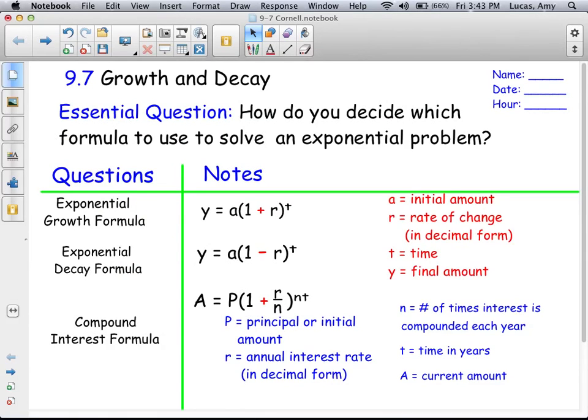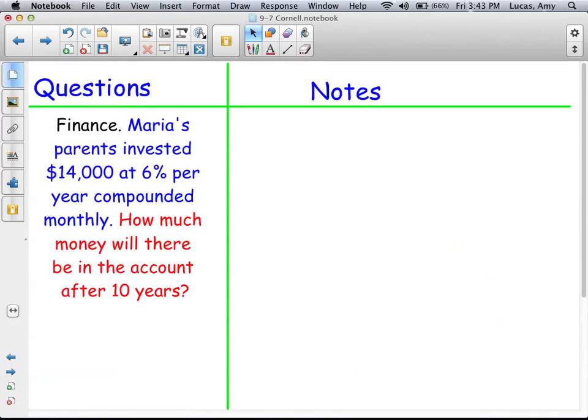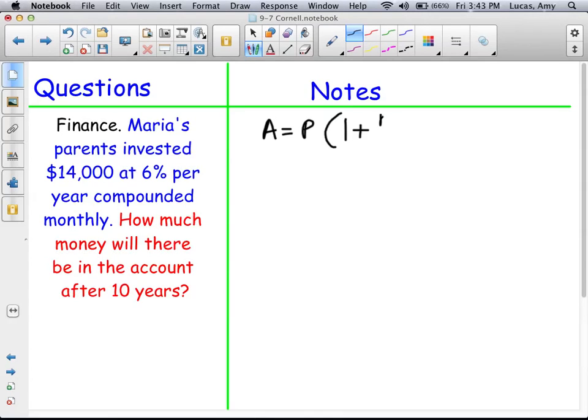So A equals P times 1 plus r divided by n, to the power of n times t.